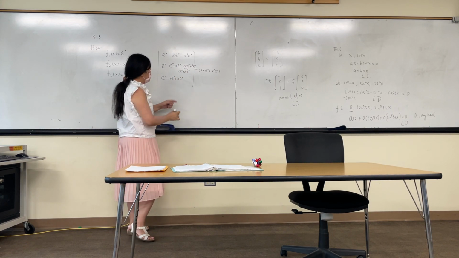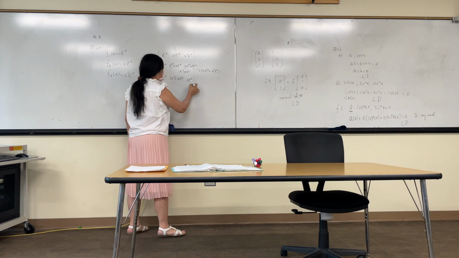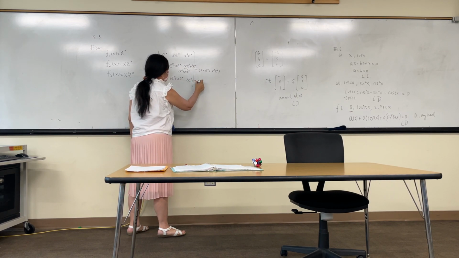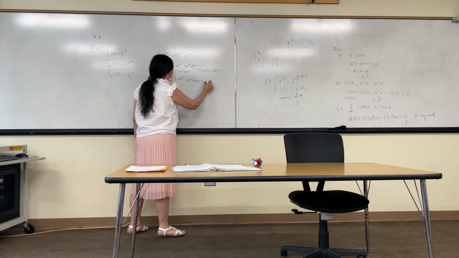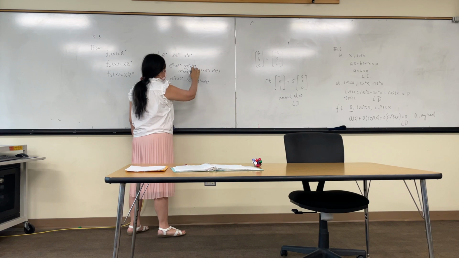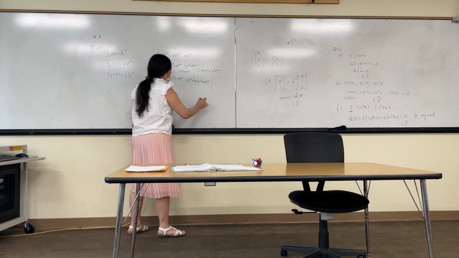So then it becomes 2e^x, plus 4x e^x, plus x squared e^x.